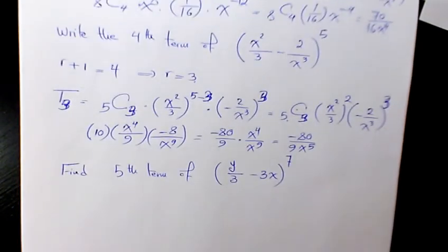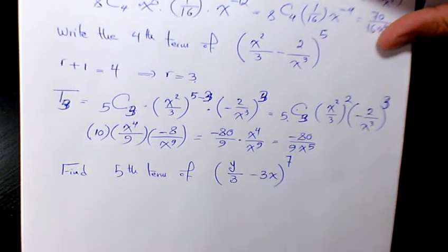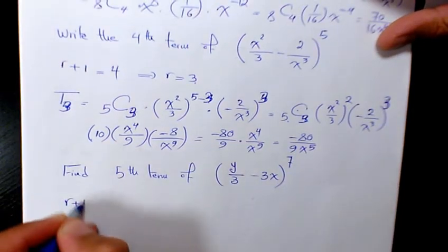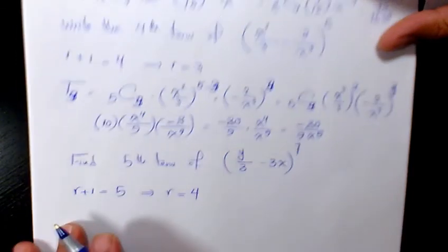Now, let's take a look at this one. Find the fifth term of (y over 3 minus 3x) to the power of 7. So again, r plus 1 is 5. R equals 4. Don't forget that this time.